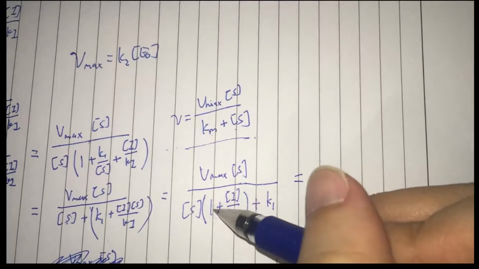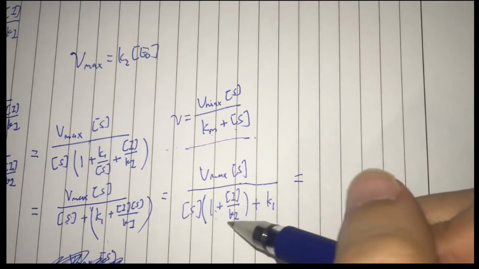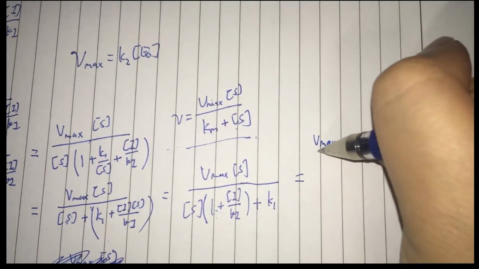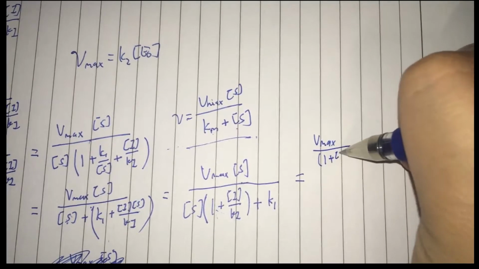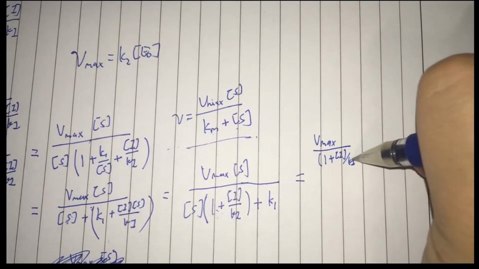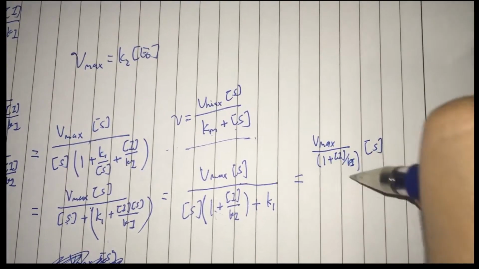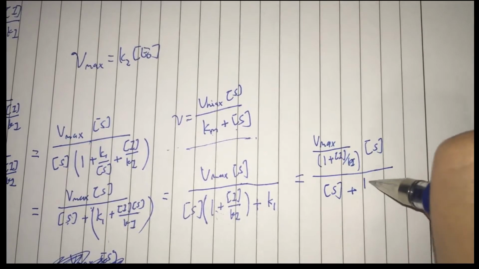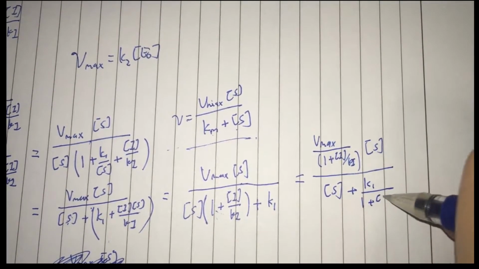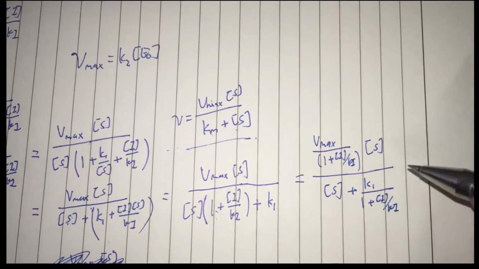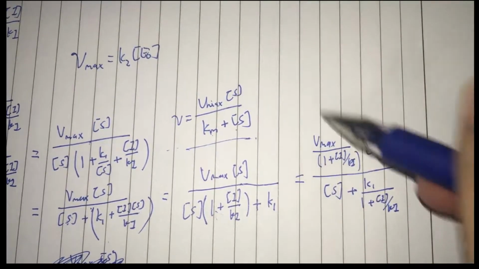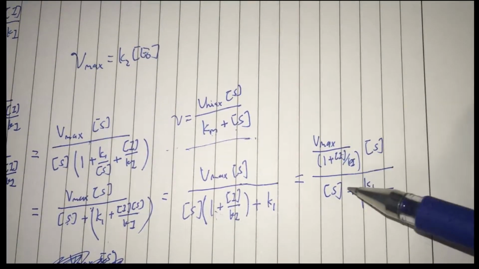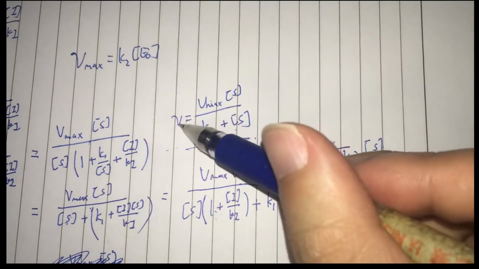We'll divide the top and bottom by this term 1 plus I over Ki, and then you will get something like this: 1 plus I over Ki, and then you will have that into S, and you have a standalone S and K1 over 1 plus I over Ki. There you go, you have something like this, and you have a term Vmax and Km, these two constants, which are constant with respect to S and this V.